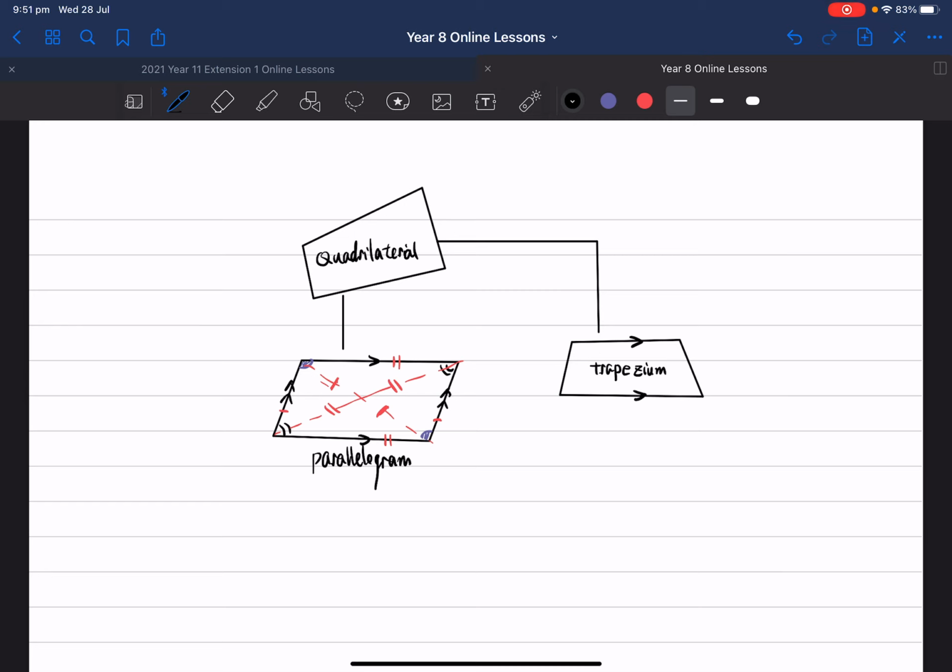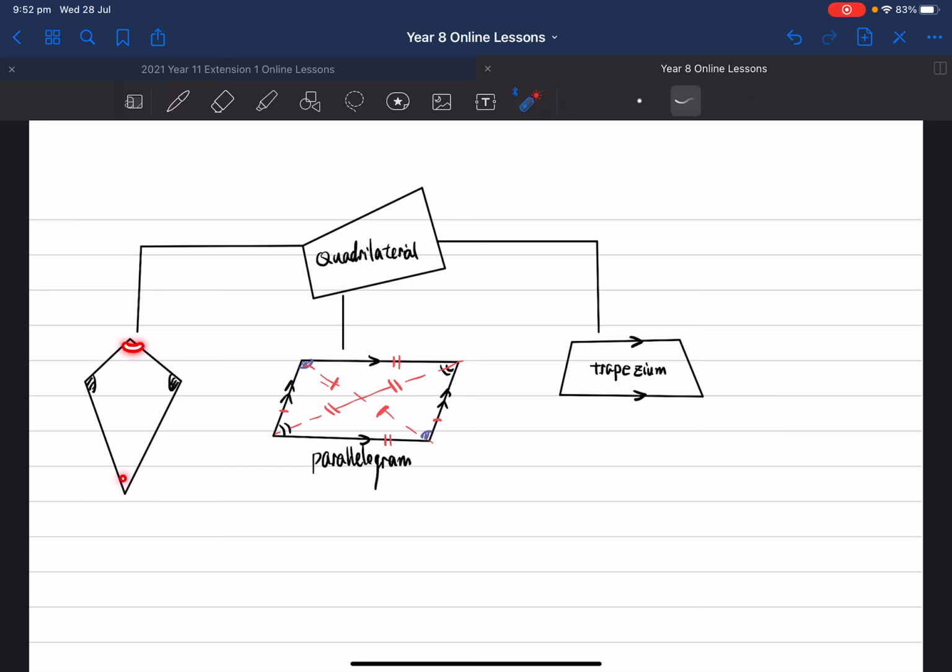Then we have another special one, which is so different to the other shapes. There are no parallel sides. However, only one pair of opposite angles are equal to each other, and adjacent sides are equal to each other, and it's called a kite. What happens with a kite is these two angles are equal to each other, not the other two.